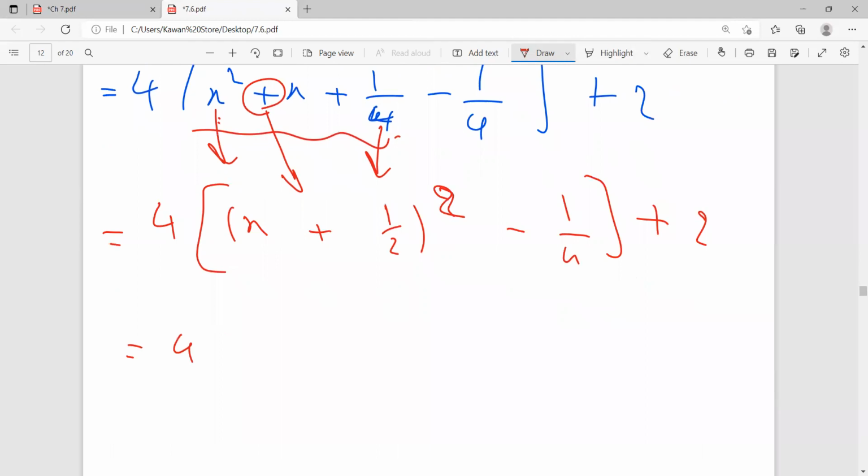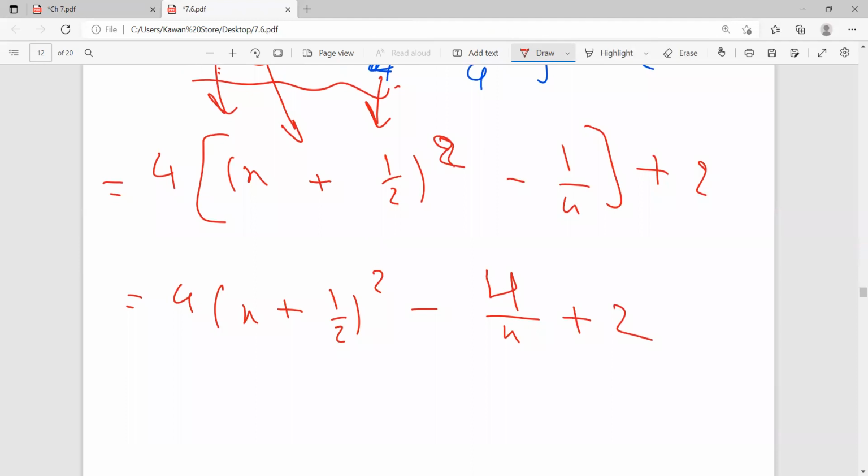Now I'm going to multiply. Am I right? So 4 over 4 equal to 1, minus 1 plus 1 plus 2. It will be what? Plus 1.